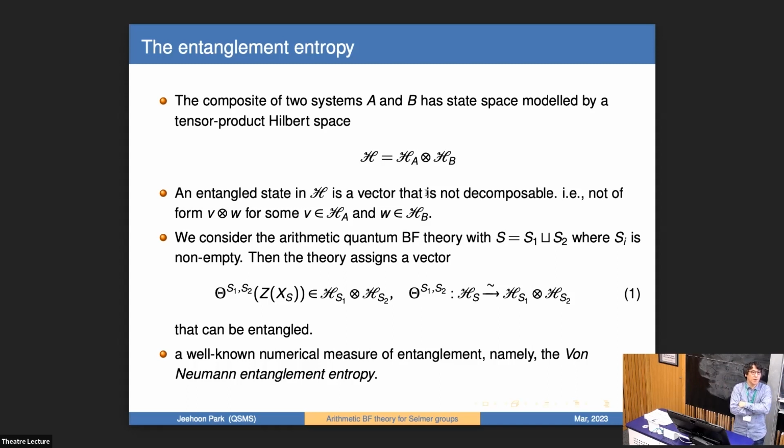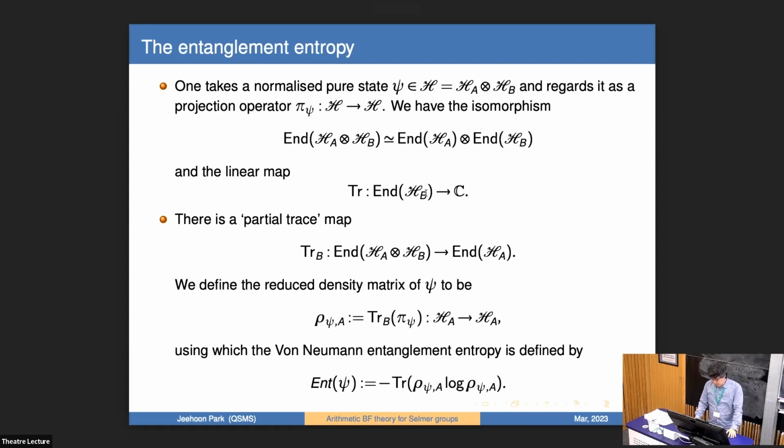There is an invariant which measures whether the vector is pure or not. That's the von Neumann entanglement entropy. Here's a brief formula. Basically, you have a state in the product of two Hilbert spaces, and you think about the projection operator with that pure state.